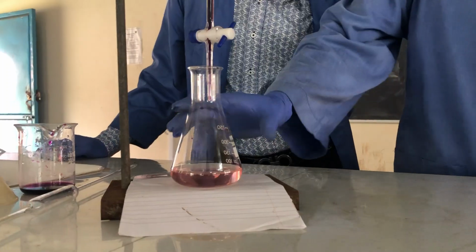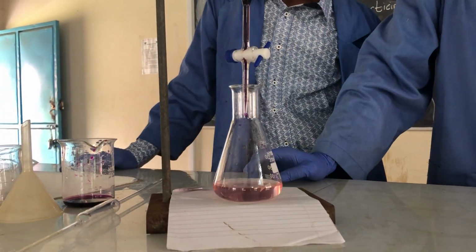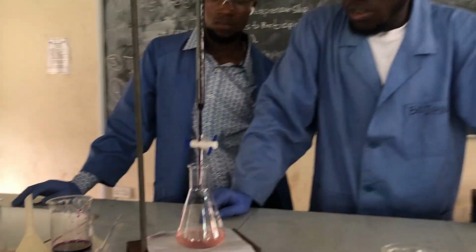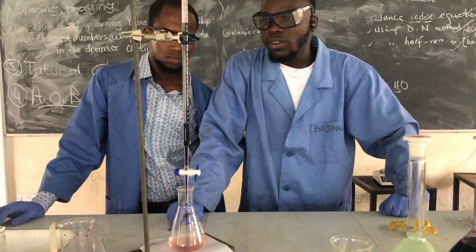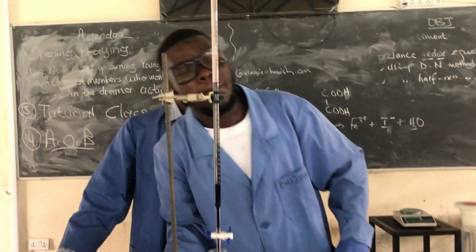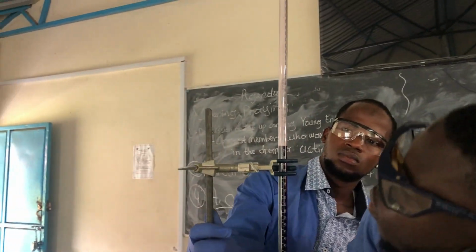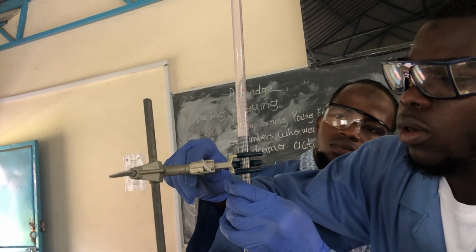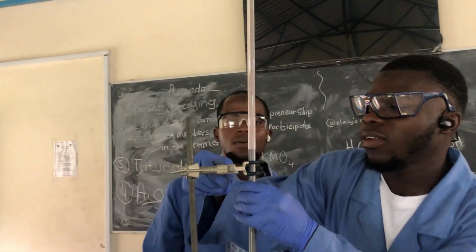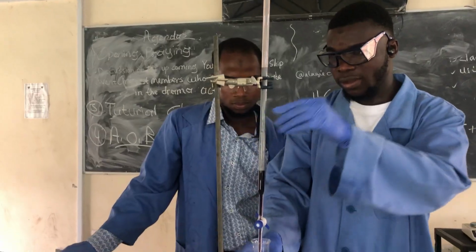This is the end point. This is the state whereby the KMnO4 has neutralized the iron(II) sulfate at a volume of 28 milliliters.